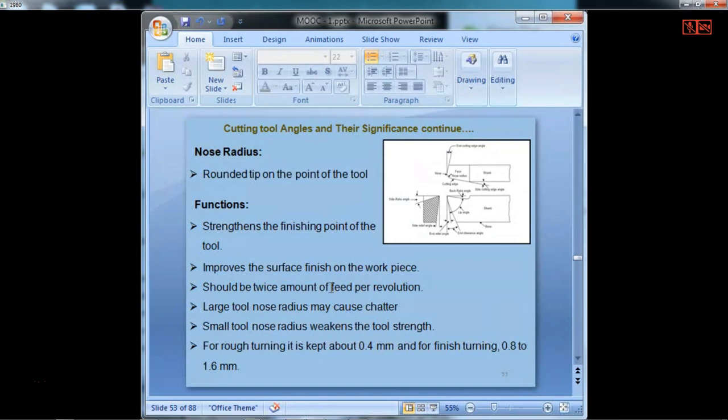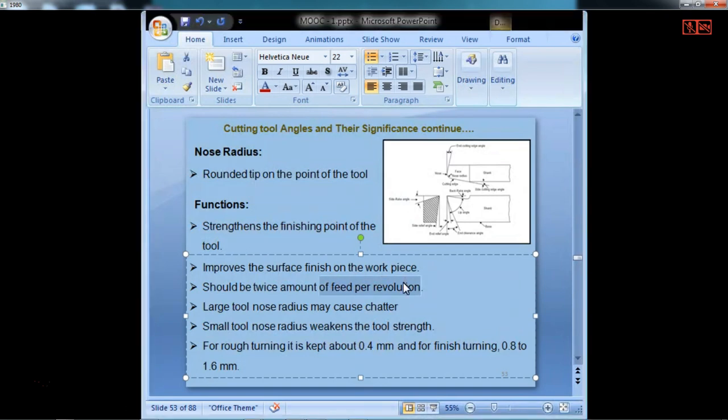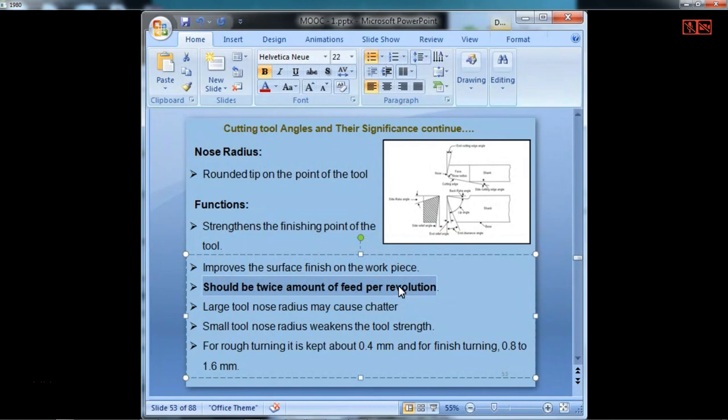Whenever you are cutting a workpiece and deciding what the feed should be, the nose radius becomes important. Actually in macro cutting, this is not so important, but we have what is called micro machining, wherein the dimension of the cutting tools is a few micrometers.